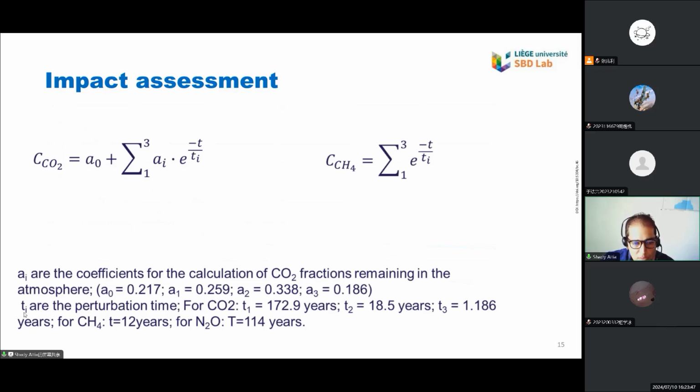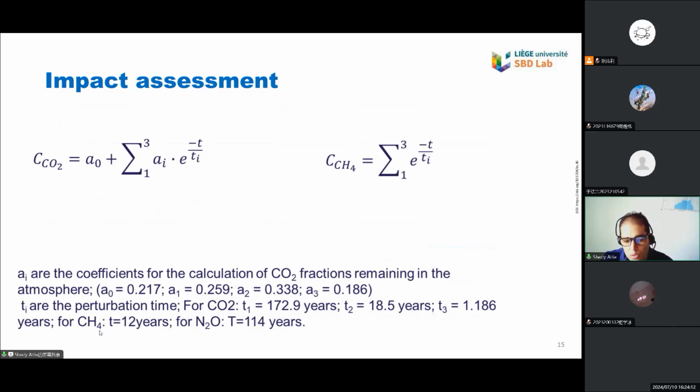And you can see here, for example, T1 is the perturbation time for the CO2, which is 172 years. This is already a very long period for decay. And then 18 and a half years for T2, and then T3, 1.1 years.